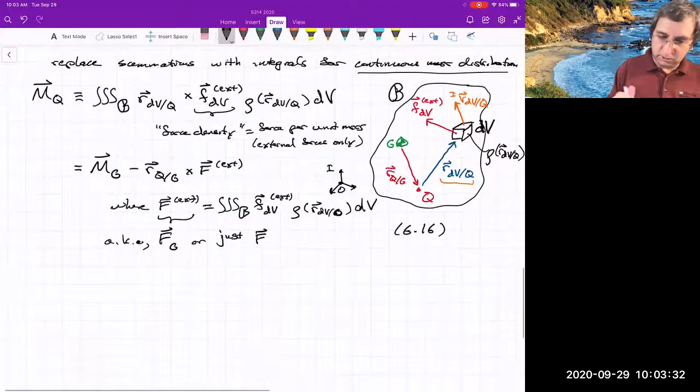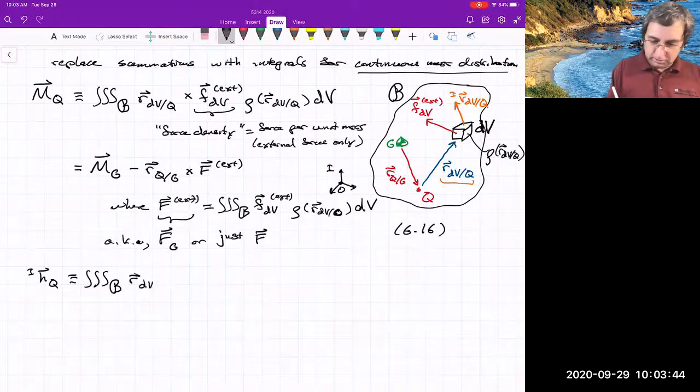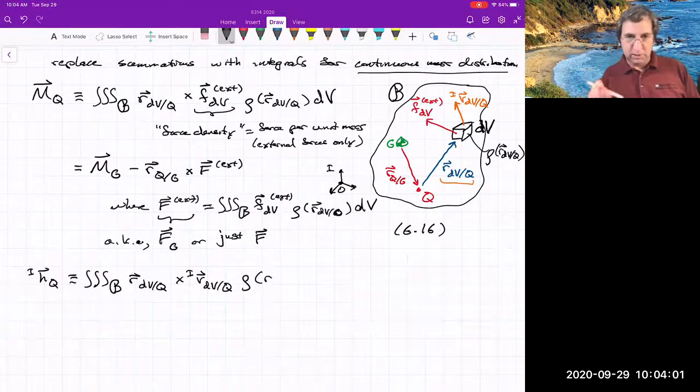So the total angular momentum about that point, you could also write in terms of an integral of R cross the mass times the velocity, but we'll write the velocity here first, and then the density. Because density times volume gives us the mass of that little volume element.